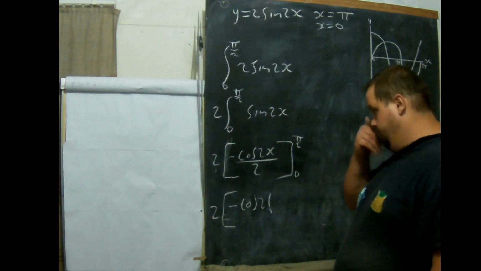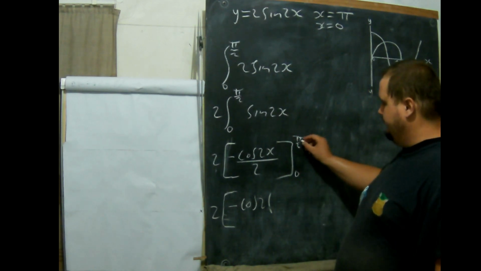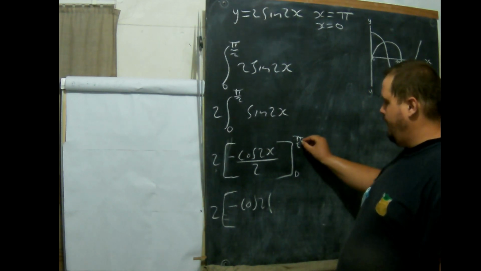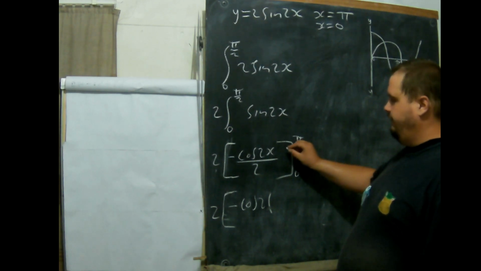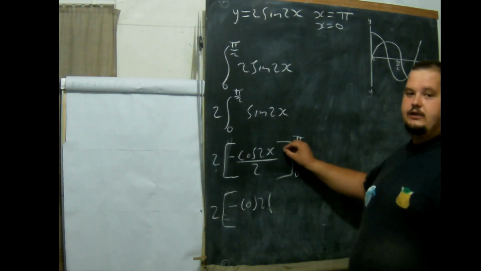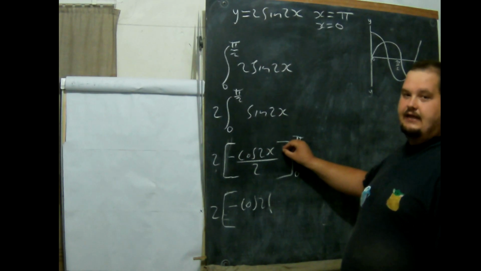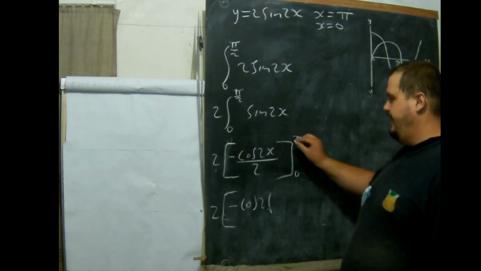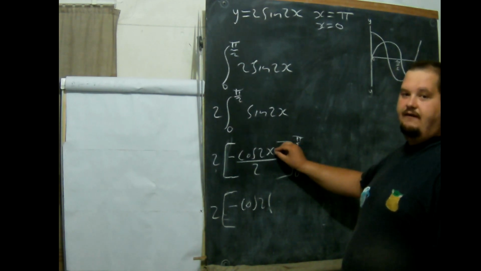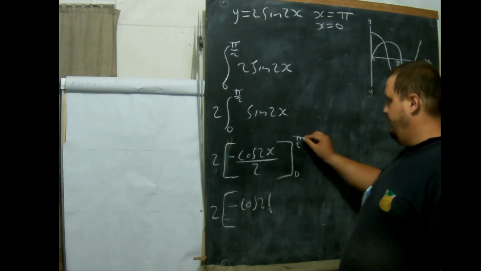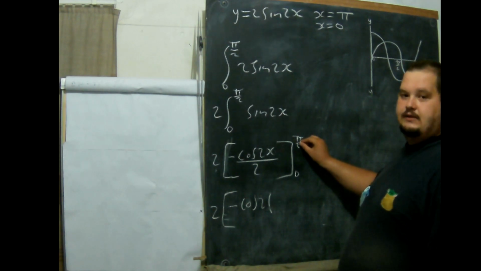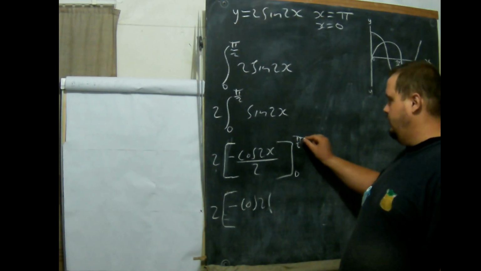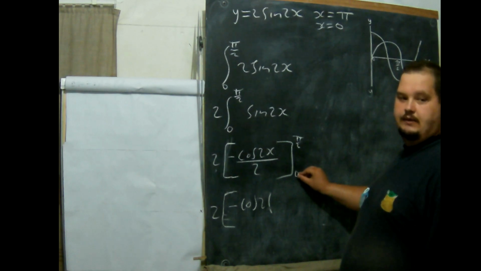Whatever your integral was, dx, dt, dz, you replace that letter with your limits, and it's always upper limit minus lower limit.